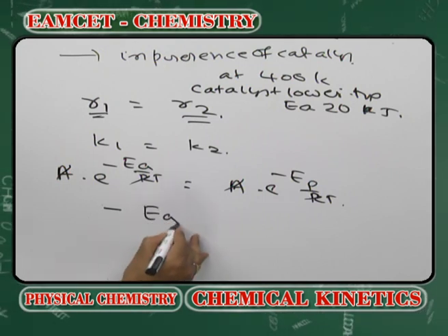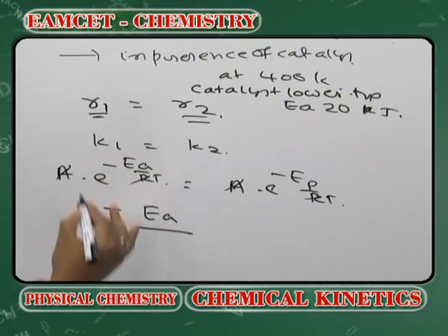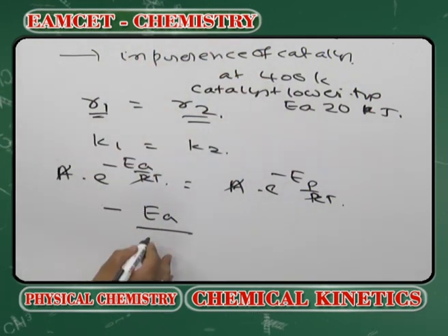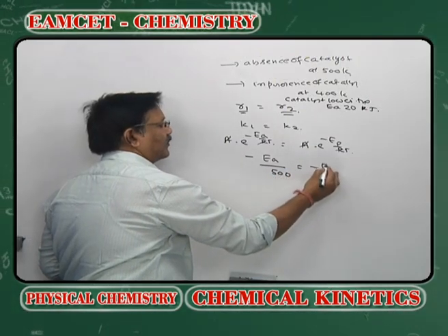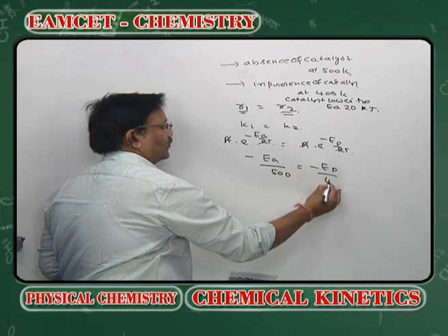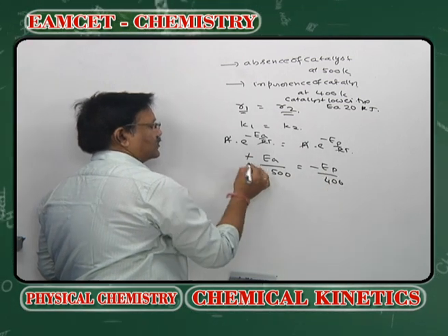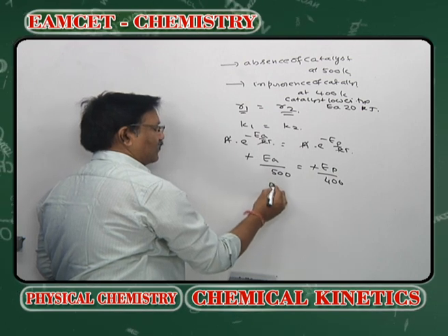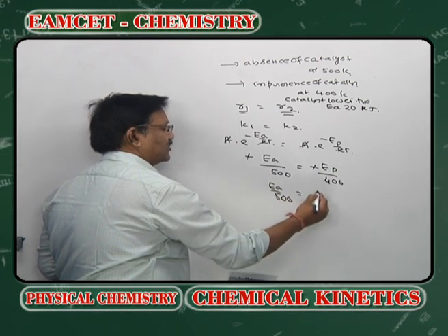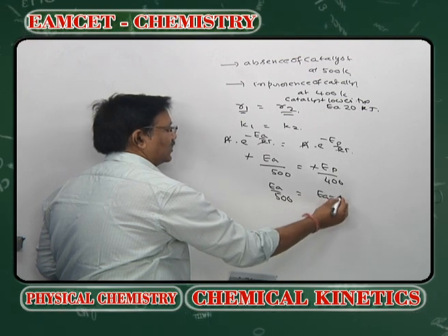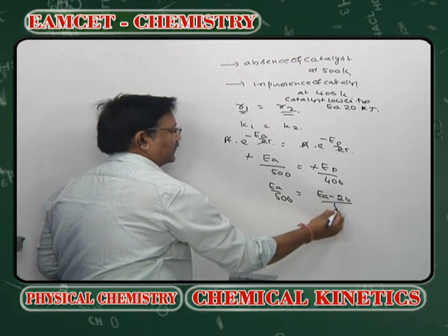Minus EA by T. What is the temperature in the absence of catalyst? 500. What is it in the presence of catalyst? 400. What is the activation energy in the presence of catalyst? EA minus 20.